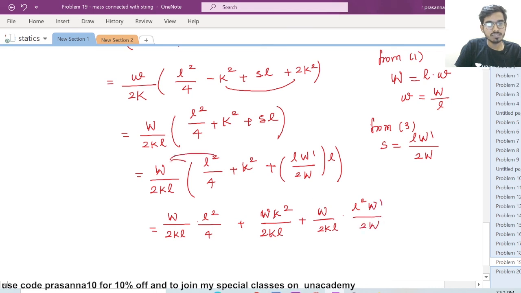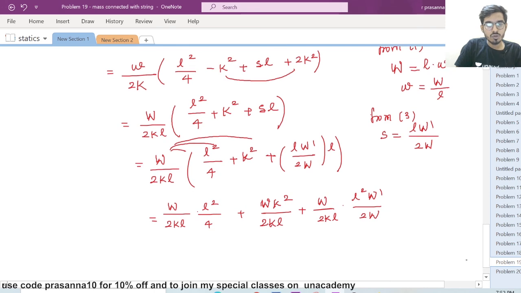I'm just multiplying this with all the terms. So this L will get cancelled, and we have LW divided by 8k, right? LW by 8k.